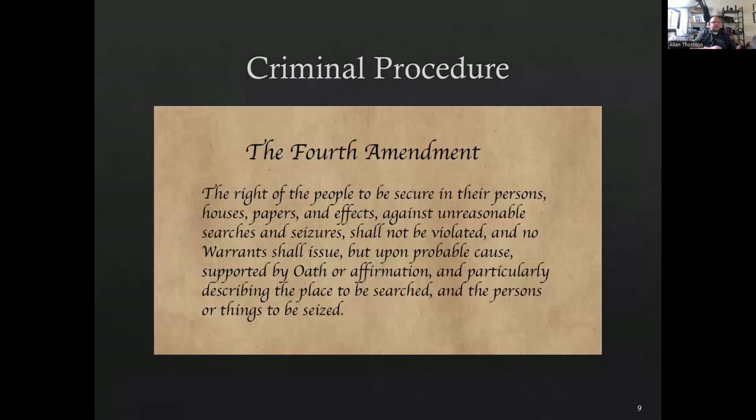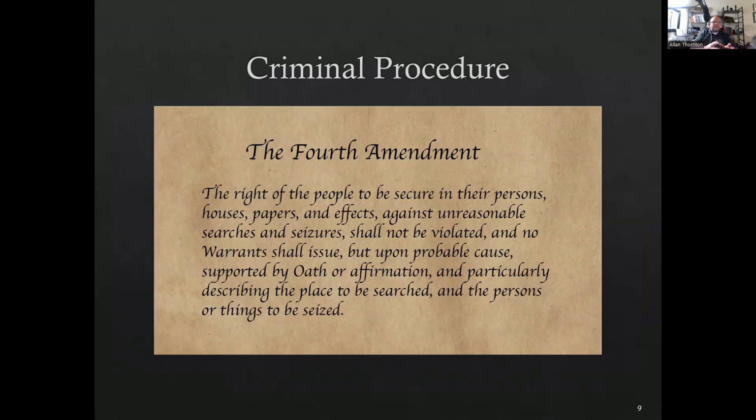So the Fourth Amendment reads, the right of the people to be secure in their persons, houses, papers, and effects against unreasonable search and seizure shall not be violated, and no warrant shall issue but upon probable cause, supported by oath or affirmation, and particularly describing the place to be searched and the persons and things to be seized.